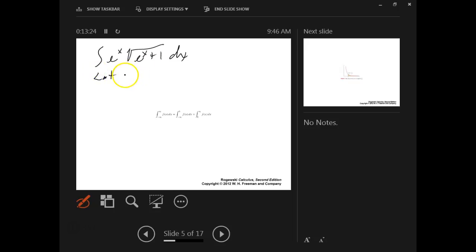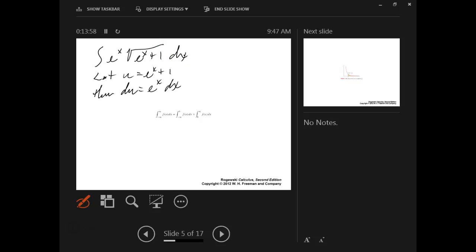Let u equal e to the x plus 1. The plus 1 is not part of x, it's e to the x plus 1. Then du is equal to e to the x dx. So this part's taken care of.